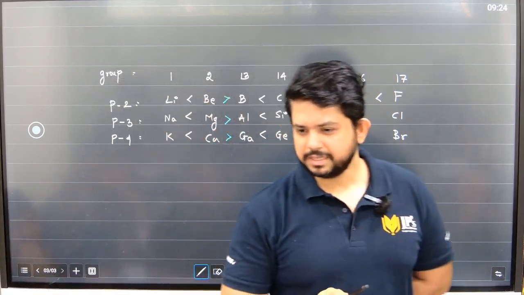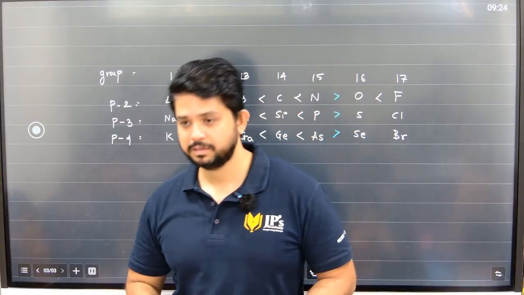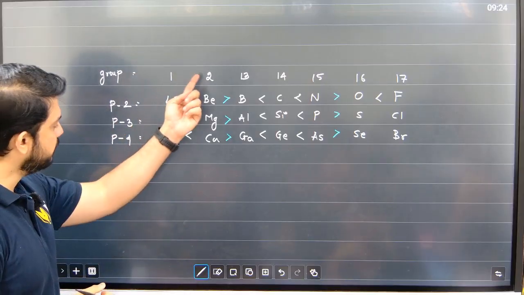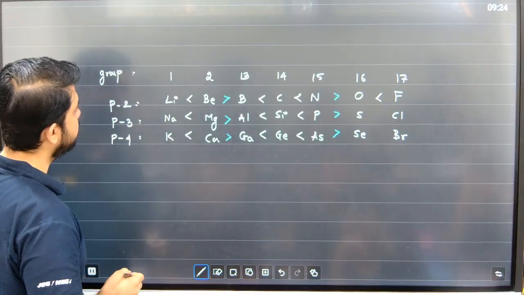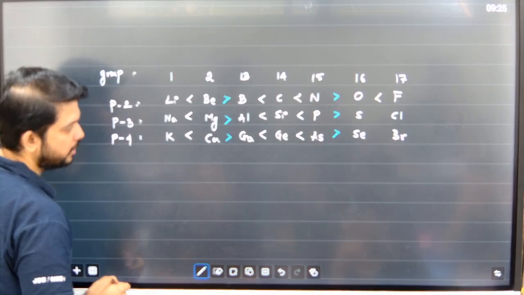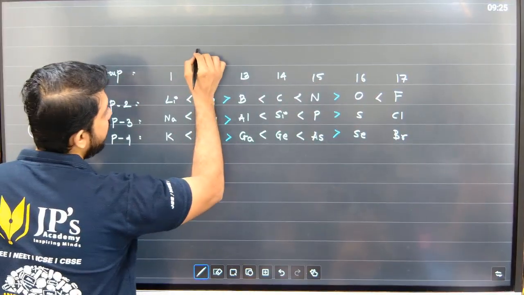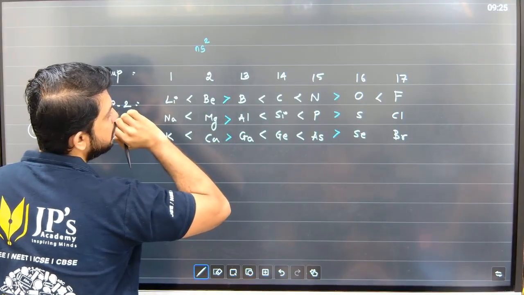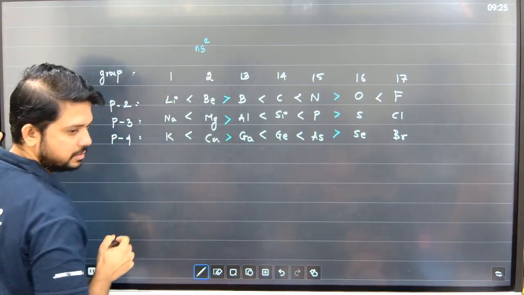Before me directly giving the answer, anyone who can guess why? Let's write the general electronic configuration of group 2 elements. कोई बता सकता है जनरल इलेक्ट्रॉनिक कॉन्फ़िगरेशन क्या है ग्रुप 2 की? ns2, that's the general electronic configuration.